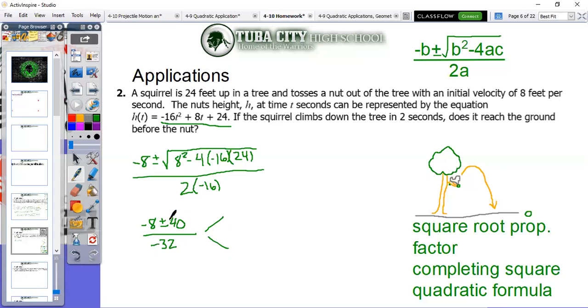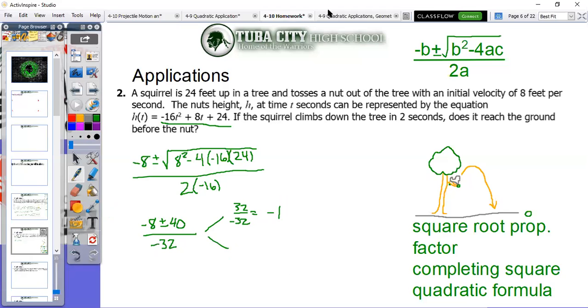All right, so there's two possibilities. Let's do them in order. So negative 8 plus 40, this would be 32 over negative 32, which would be negative 1 second.